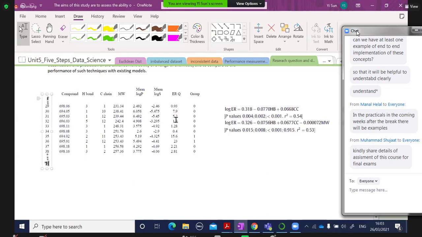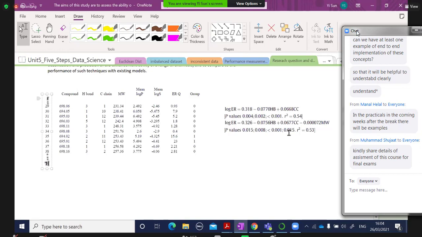The aim is either to predict each compound's ER value, that is enhancer ratio, or to classify each compound into class good enhancer or bad, poor enhancer. So given a data set, we have 2 possibilities. One is a regression problem, one is a classification problem.